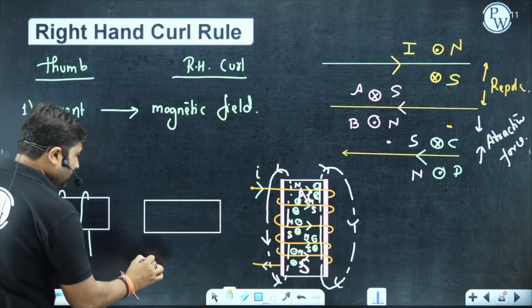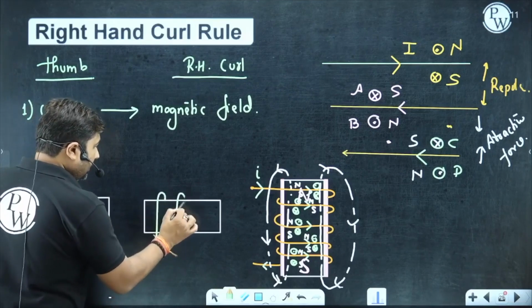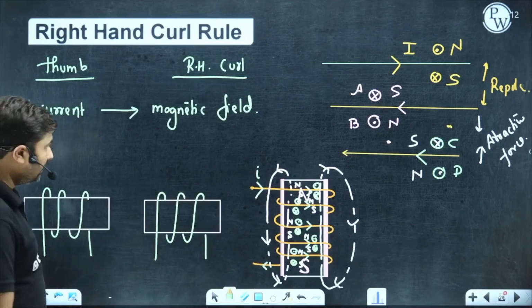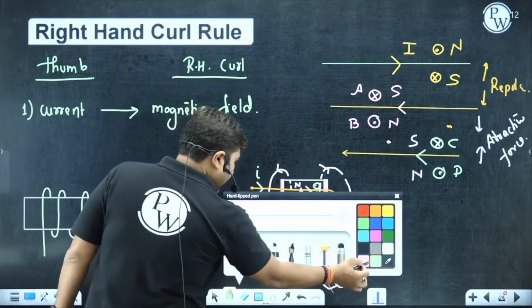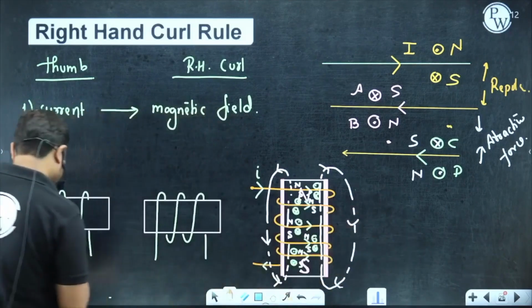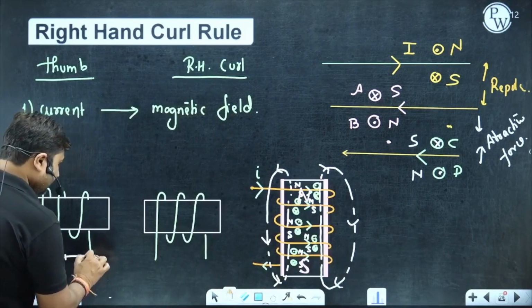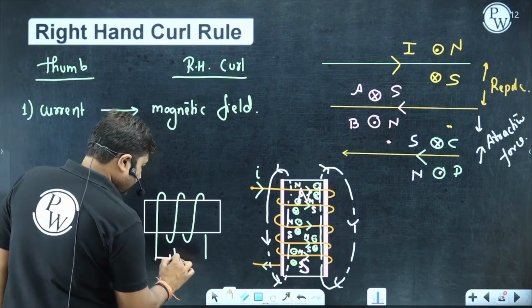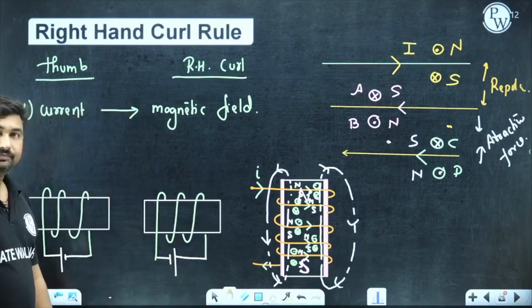Just providing a simple DC supply to it.